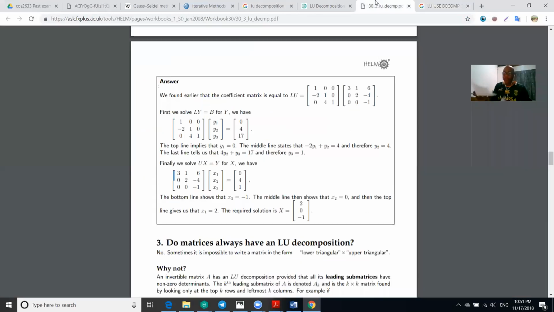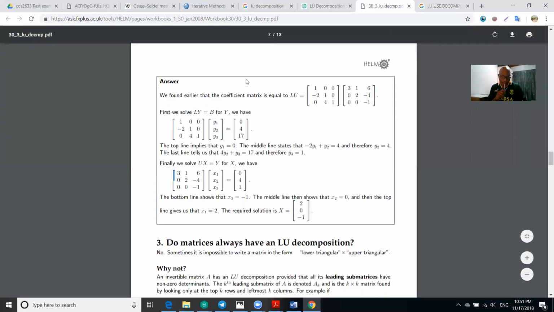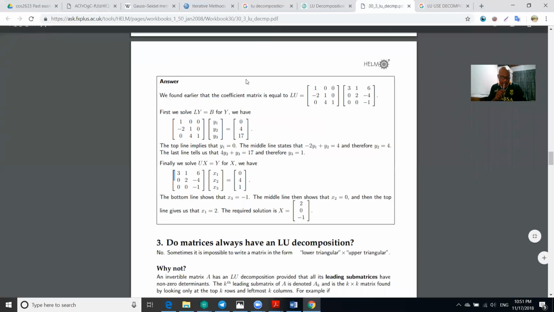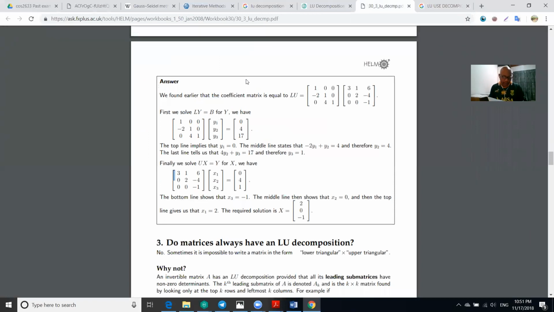Oh, here. You found it? Yes, what they said is we know AX equals B. Let y equal Ux.